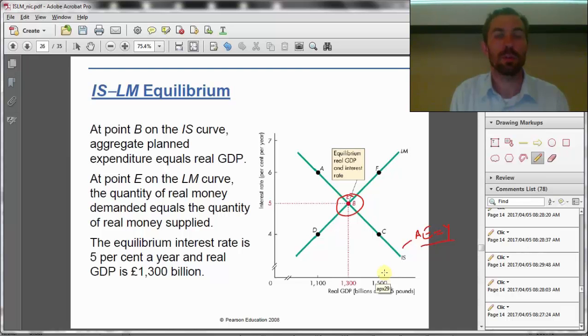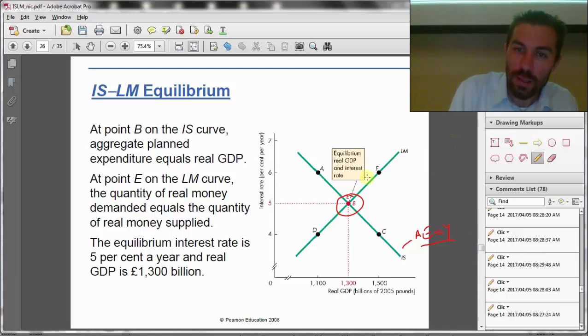Yes or no? Okay. So on the IS curve, we have a point where aggregate expenditure equals Y. Everywhere along the IS curve, AE equals Y. Are we happy with that? So if we're at point B, are you happy that AE equals Y at point B? In other words, at point B, we have equilibrium in the goods market. We have equilibrium in the aggregate expenditure model. Okay. What about in the money market?